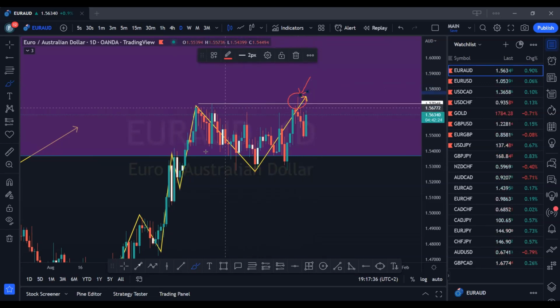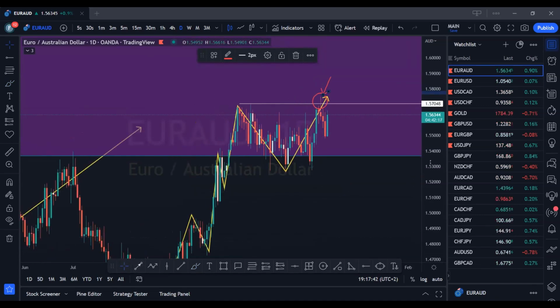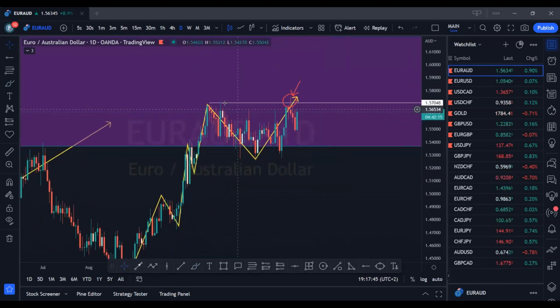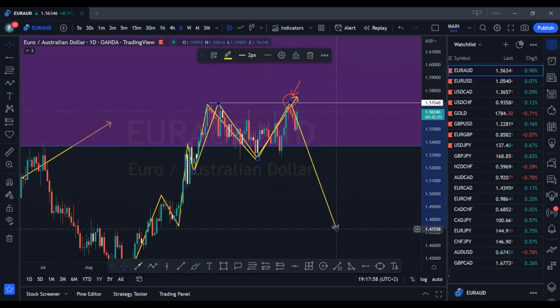If we want to be very creative and predictive, what might be happening here is a possible reversal structure. If you are being creative, we can say this is a possible M pattern like so, and then we're expecting price to possibly go down from here.